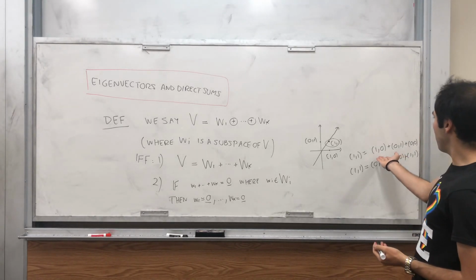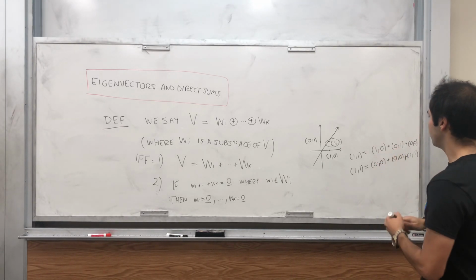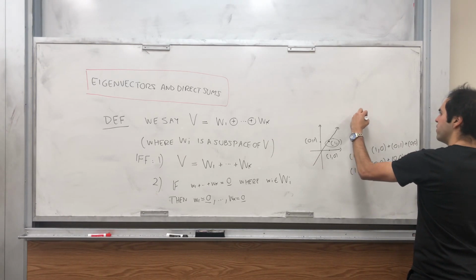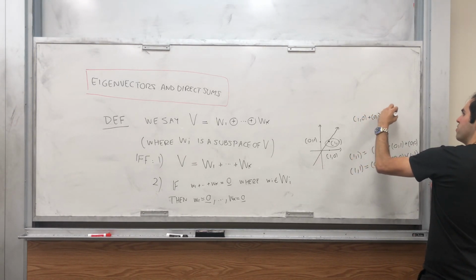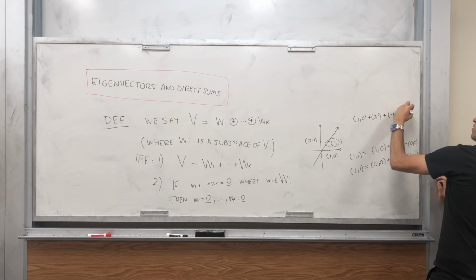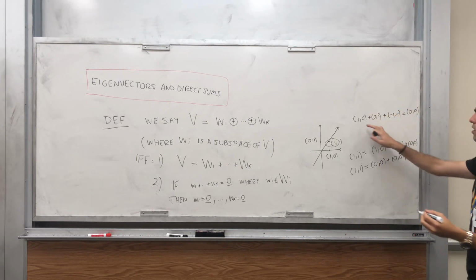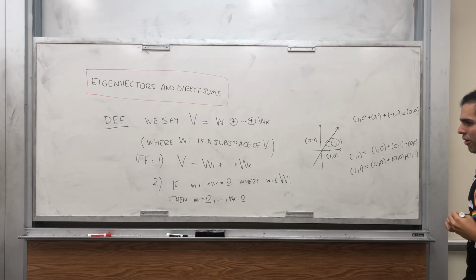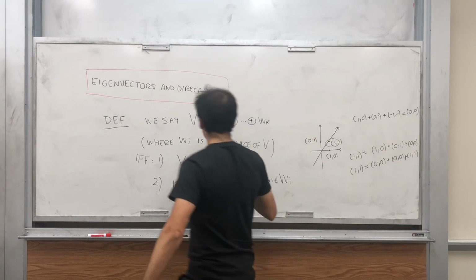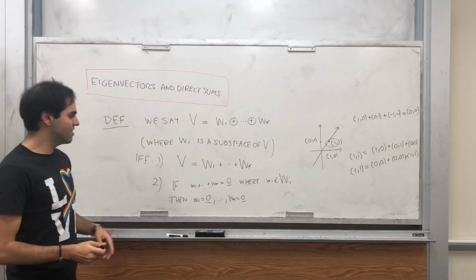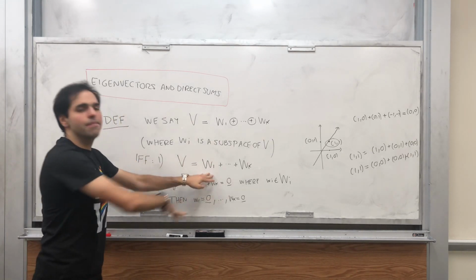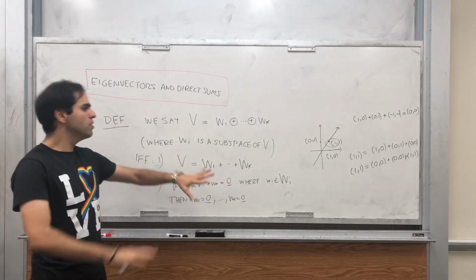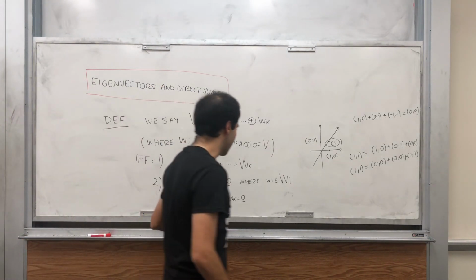And for example, we don't have this here, because you could have (1,0) plus (0,1) plus (−1,−1) giving you the 0 vector, but not each of them is 0. So this is the correct definition of direct sum, and it says that W1 is independent of the other ones, W2 is independent of everything else.